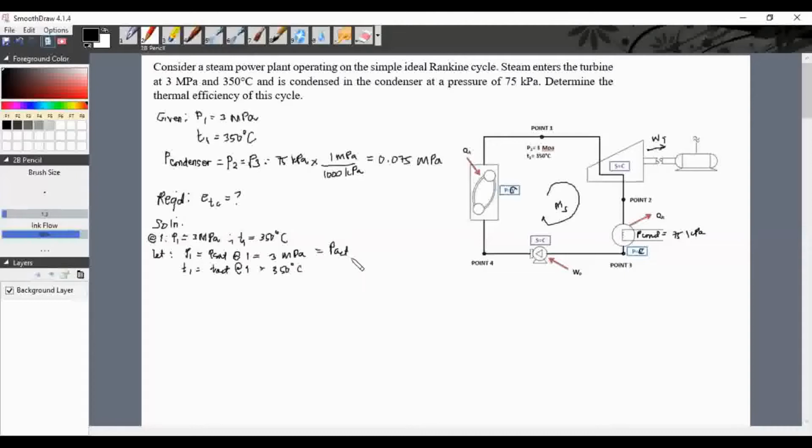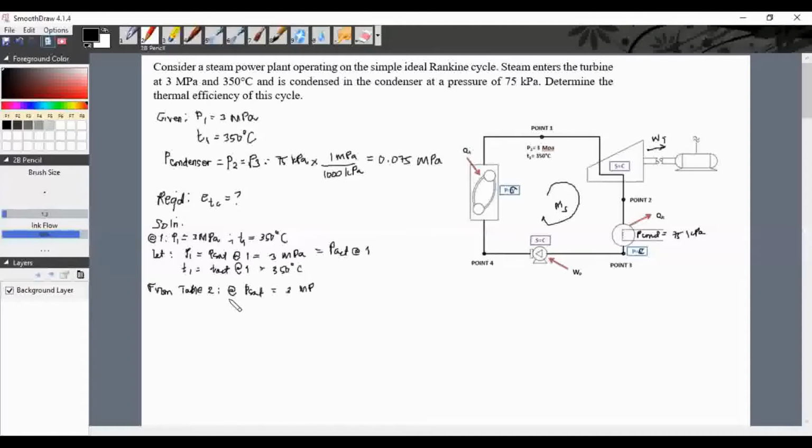So by the way, this is T actual kasi in reality, T actual naman talaga siya, no? So i-check natin yung condition ng steam at point 1 using the values found in the steam table. Okay? So from table 2, at P saturation, which is equal to 3 megapascal, meron kayo makikita ng 3 megapascal doon.